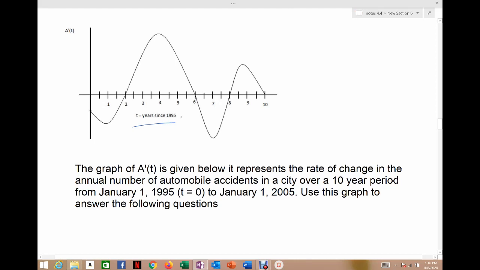So time 0 would be 1995, time 10 would be 2005, when the study ends. This is the number of automobile accidents as a rate of change, and I have to plug my areas in. That's 400, 1240, 410, and 390. It didn't cut and paste right.